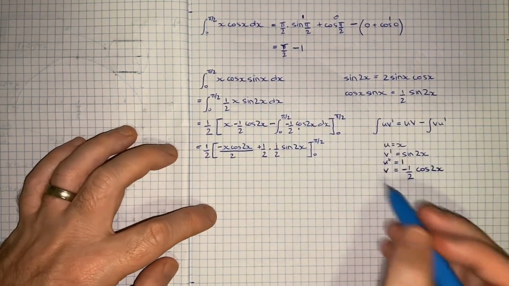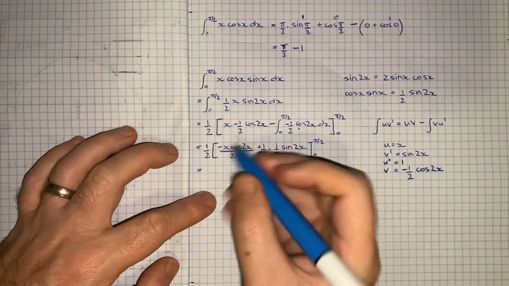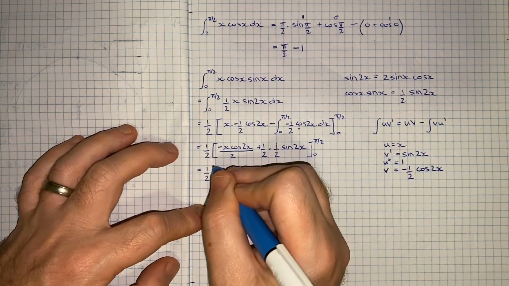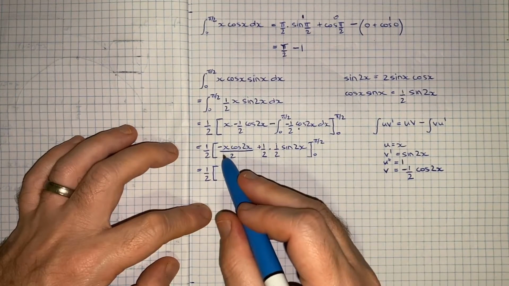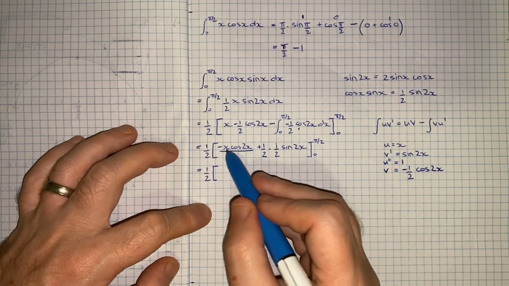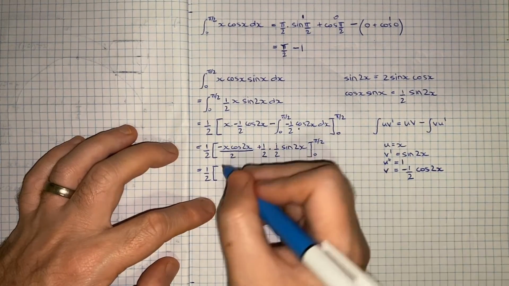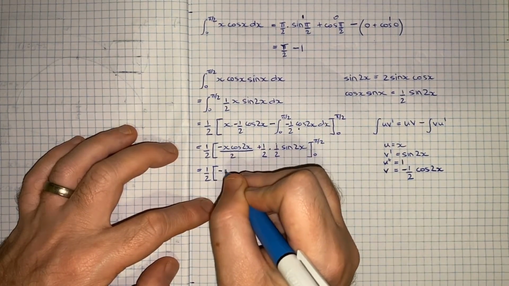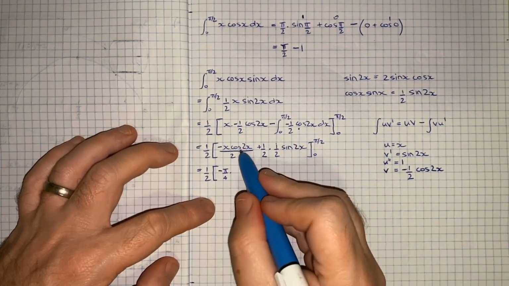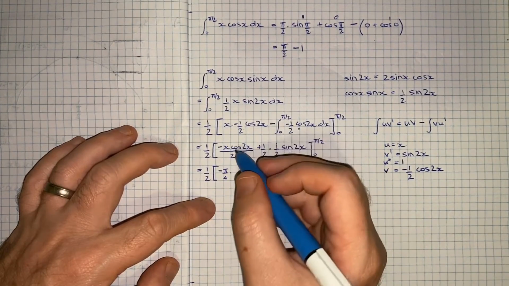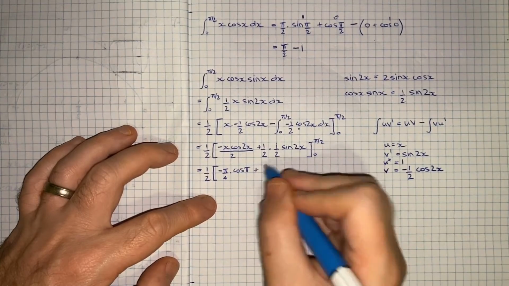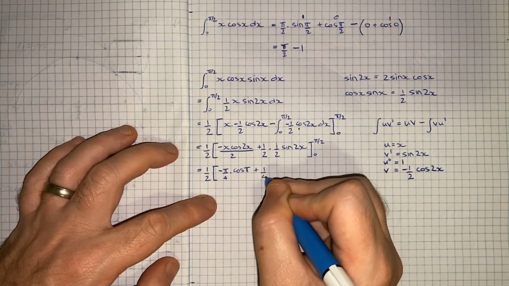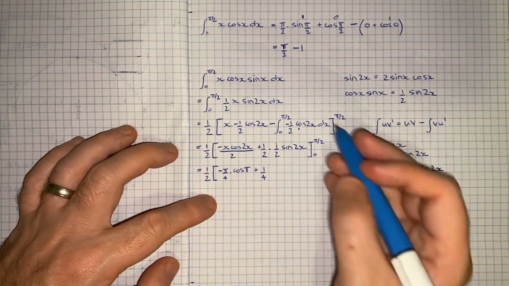So now we can start to evaluate this. We'll get a half times, and we'll put our pi on 2 in first. So we'll get negative, this will become pi on 4. So negative pi on 4 times cos of 2 times pi on 2, or cos of pi, plus this will become a quarter, and sine of pi.